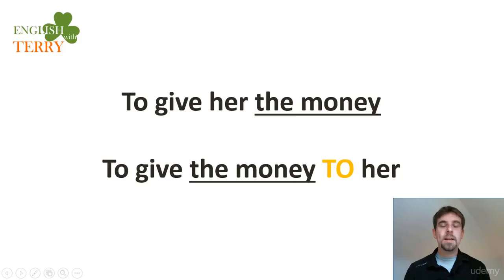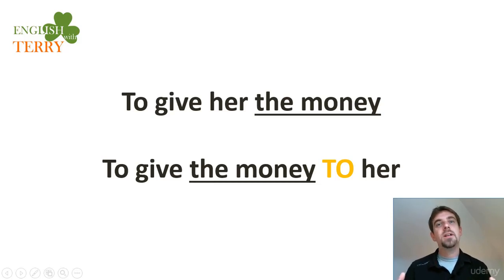When we talk about the verb give, show, or send in this way, there are two possible ways to use it in a sentence. So, two examples here. To give her the money, to give the money to her. The basic difference in the two examples is the object, the money.